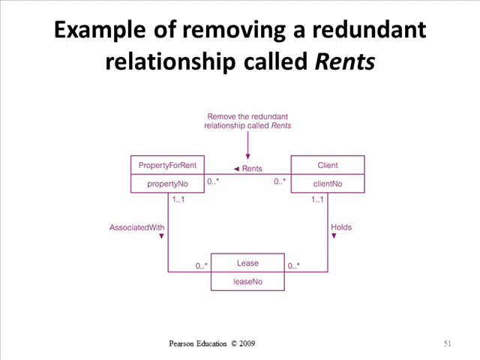In lease, we can know the lease number and the lease date, for example. So this is more important, and we don't need the direct relationship between the client and property for rent, which does not actually fulfill the requirement of the user.